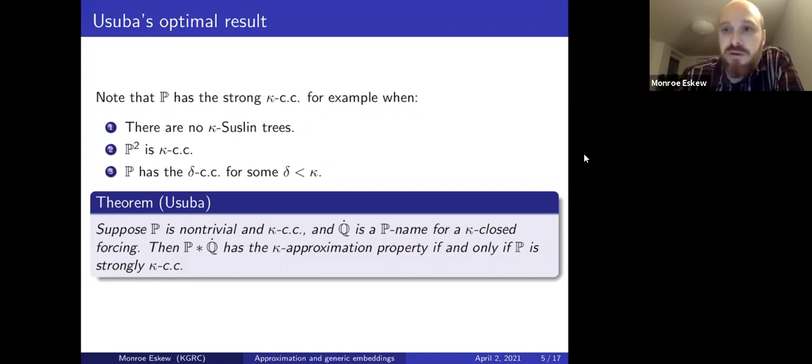Monroe, could I ask quickly? Do you mean that the equivalence is between the statement that P is non-trivial and Kappa CC, and for every Q dot that is Kappa closed, P star Q has the Kappa approximation property, and that statement is equivalent to saying that P is strongly Kappa CC? It's unclear what the quantifiers are in this statement. Right, sorry.